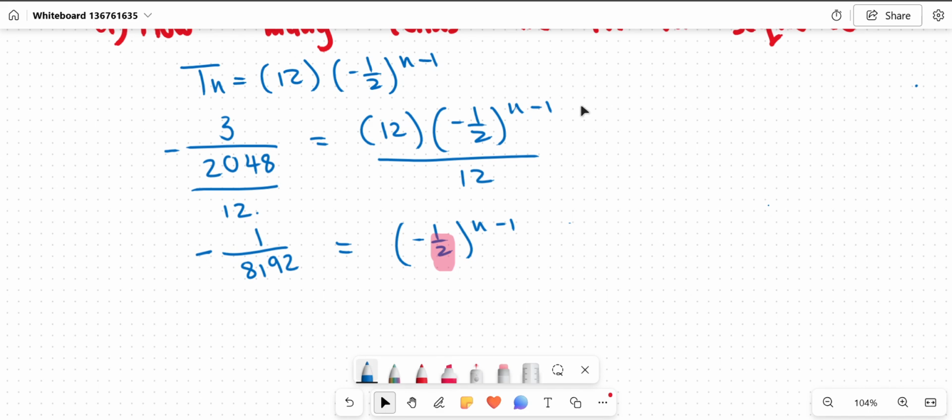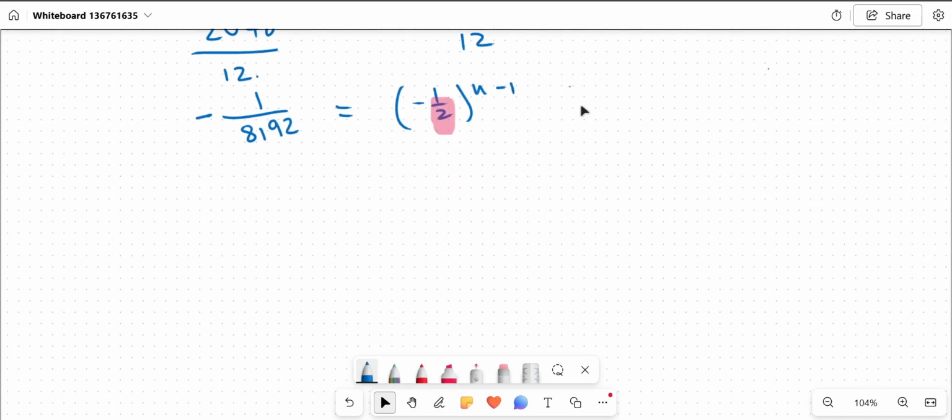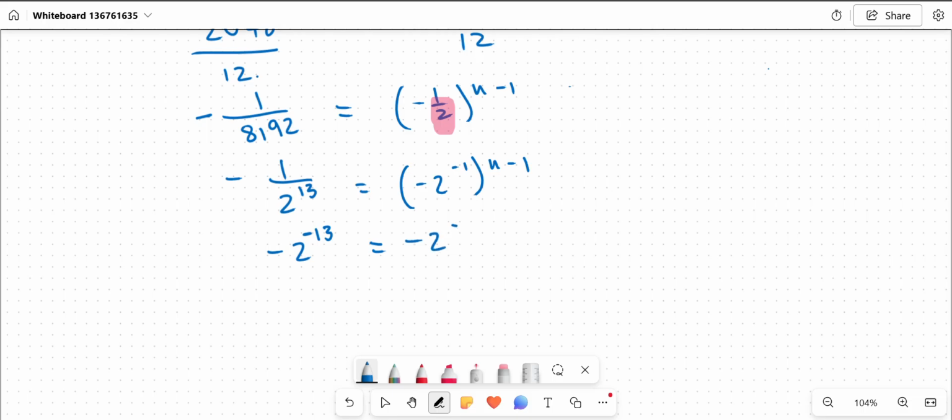All right, so we end up getting negative 1 over 2 to the 13. Same here, let me bring that up: negative 2 with a negative exponent n minus 1. So this goes up, it's a negative exponent, sorry, my bad. And then if this multiplies, that becomes negative 2 to the negative n plus 1.